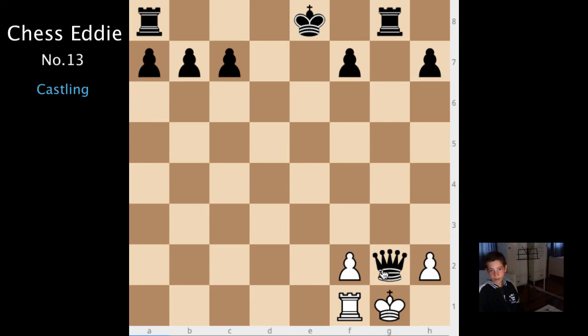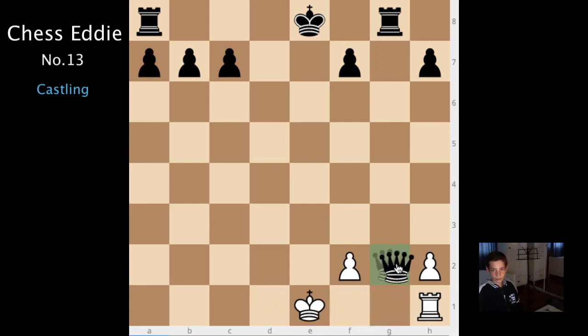So that's an example of why castling isn't really that good in some scenarios, as I said before. So only castle if you think you're safe and you have a lot of pieces, or at least some defenders around your fort or castle when you castle.